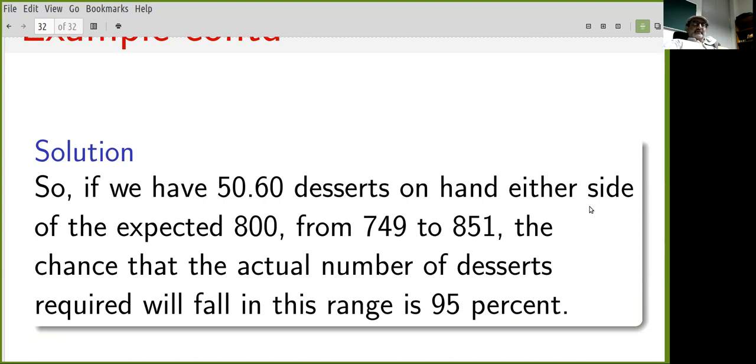But of course, that's an average. Sometimes more of them will want a dessert, sometimes less. I don't want to make too many desserts, and I don't want to make too few and disappoint people. So I might decide to err on the side of caution. I might make, say, 850 desserts in a given day, and there's a 95% chance that I'll be okay.